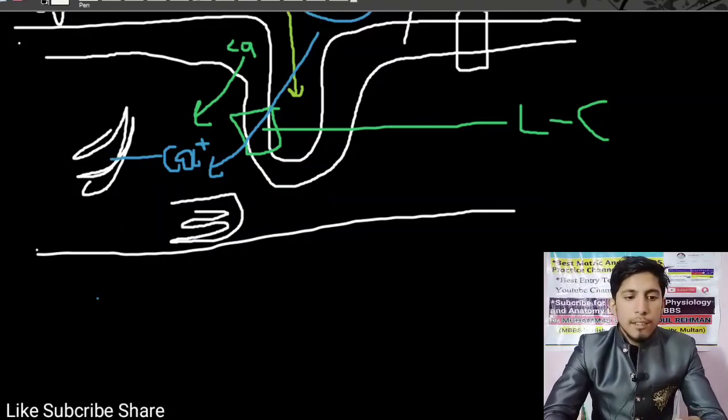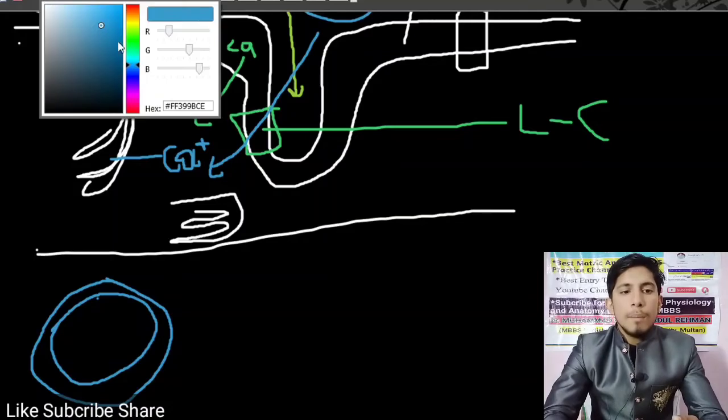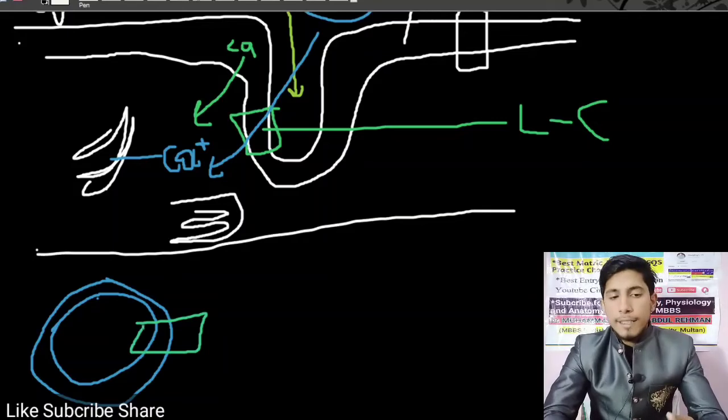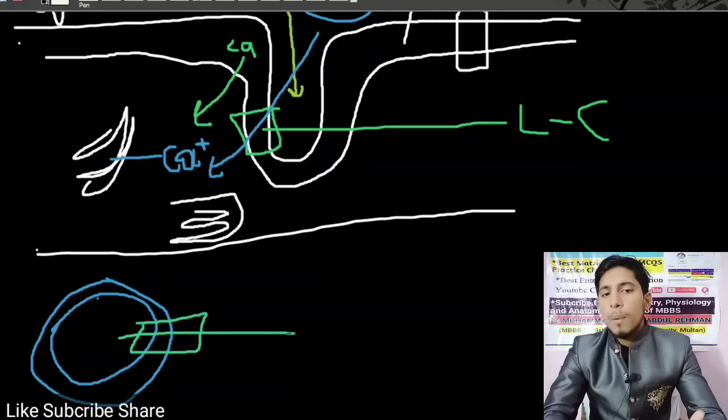Just imagine here is a sarcoplasmic reticulum present in our muscle cell. It consists of ryanodine receptors. Ryanodine receptors are activated because of the large amount of calcium that enters into the cytoplasm of the cardiac cell. So this ryanodine receptor on activation releases the calcium present in the sarcoplasmic reticulum into the cytoplasm.